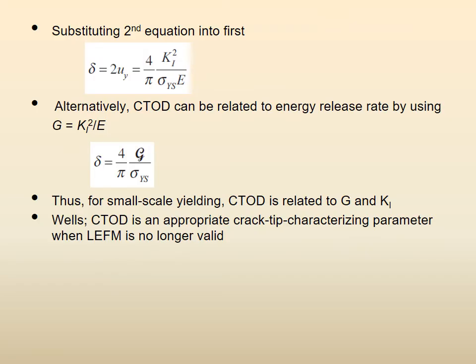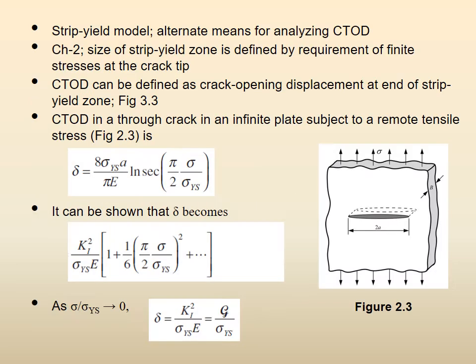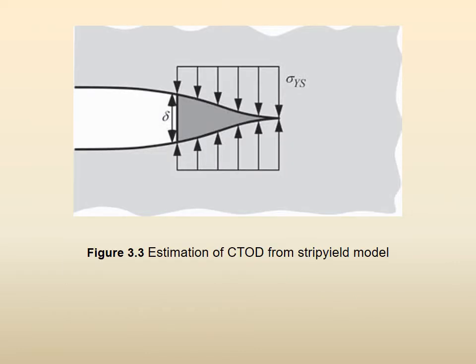So we are continuing with that. We finally come up with equations for CTOD in terms of K1 and in terms of G, the stress intensity and the energy release rate. We continue now with the strip yield model, and we try to develop it again: Irwin correction, then strip yield model correction, and defining delta in both.